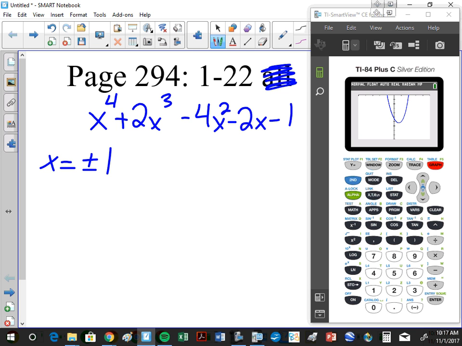2 does not go into the constant. So in the end, I'm going to end up with this. It's going to be x, x, x, x. And all of these numbers, they're either going to be 1 or negative 1. Because those numbers multiplied together equal negative 1. So you can't do a 2. 2 doesn't go into it.